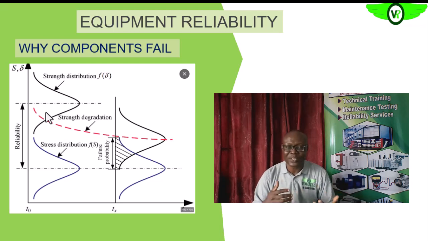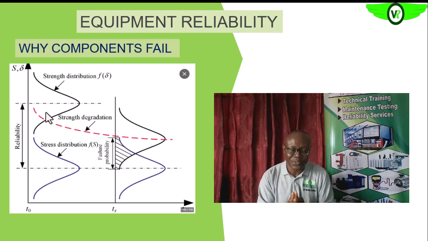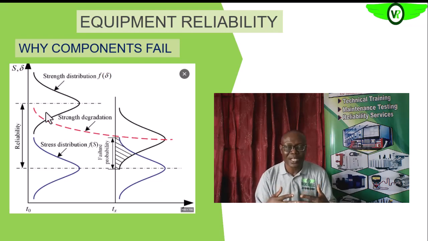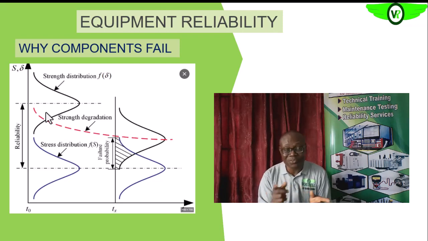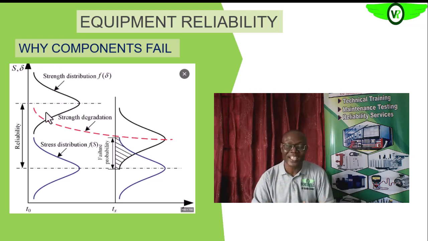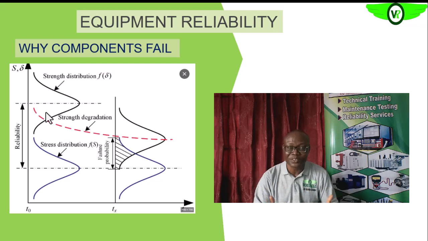It has the capacity to withstand far beyond the level of stress that it is designed for. Now remember, we said we look at various stressors, and at times there are stressors we may fail to consider during the design stage, and during normal operations we'll be confronted with these stressors.